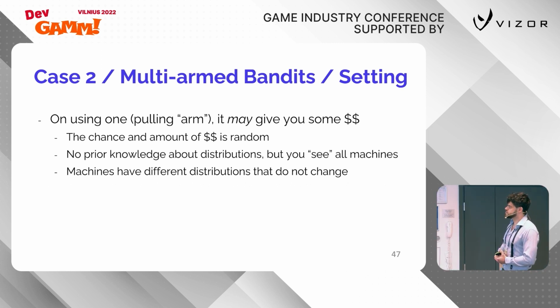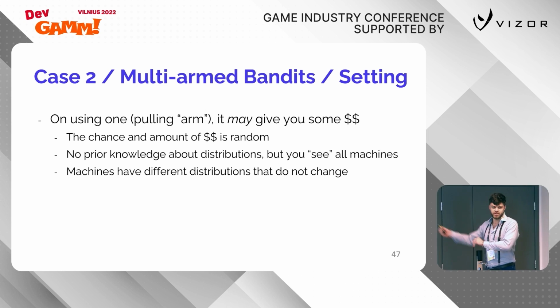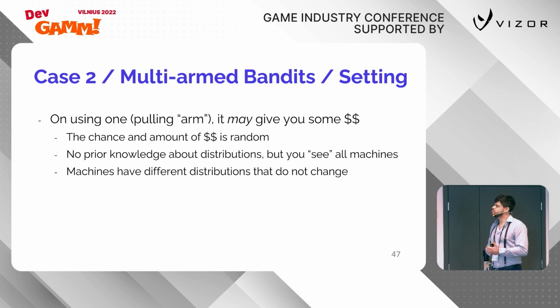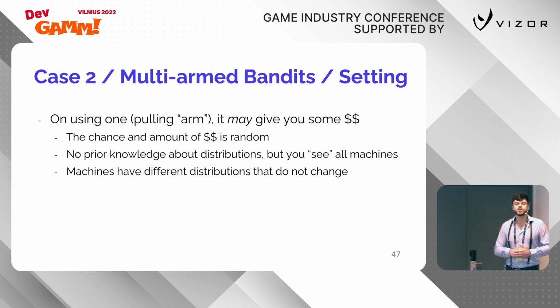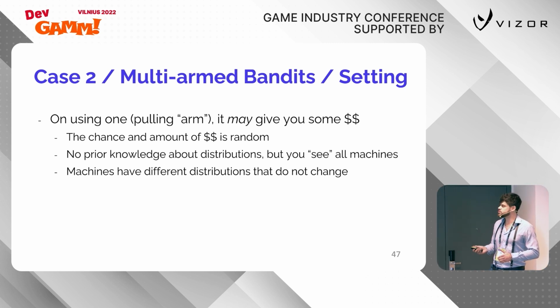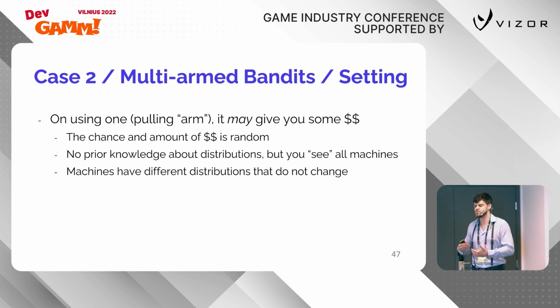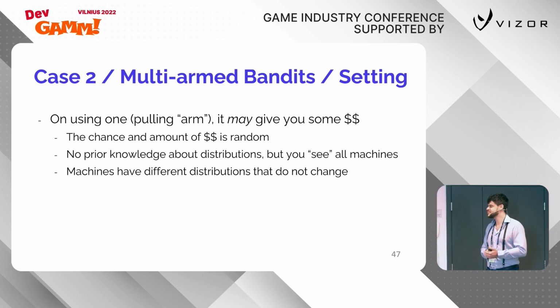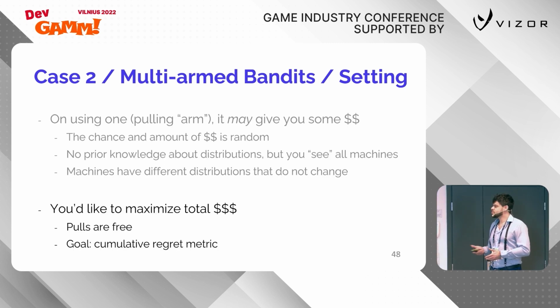Let's imagine that you don't have to pay to pull the lever, but each machine has its own probability to give you money and its own money distribution. You have no prior knowledge of the parameters of the distributions, and your goal is to maximize your total profits.